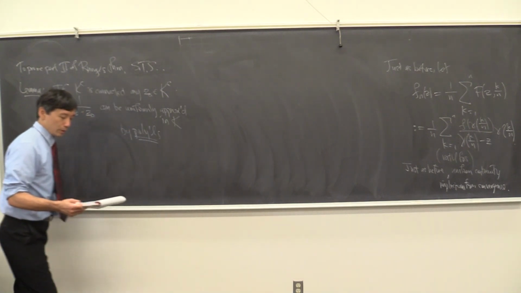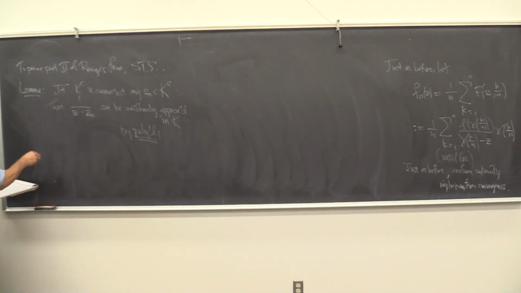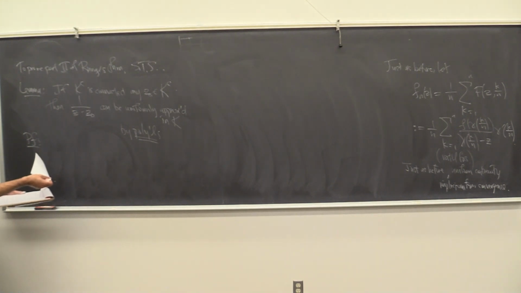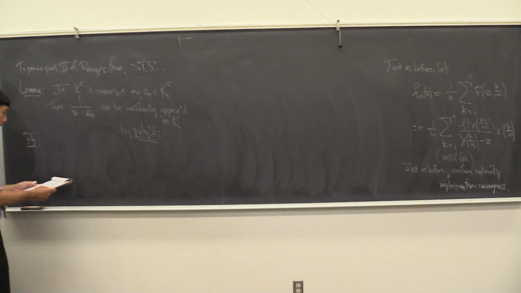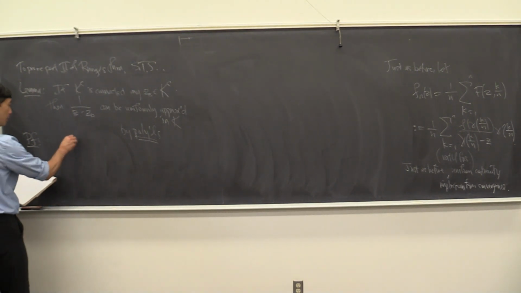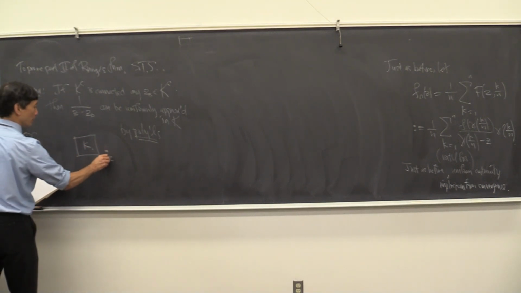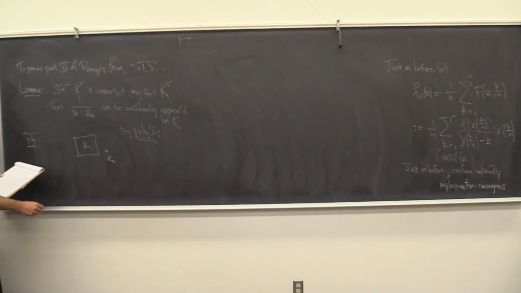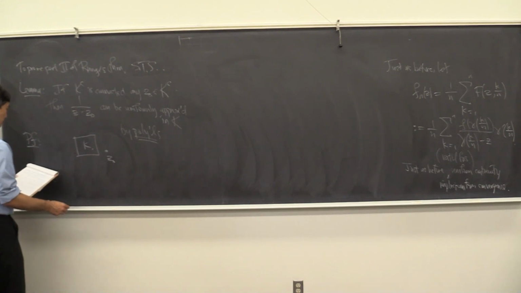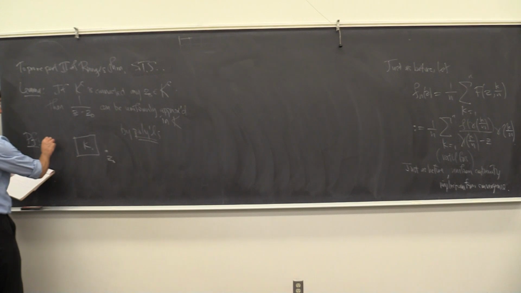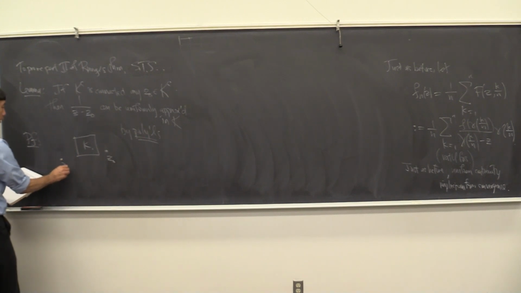Okay. So here's the trick. Let's suppose that this is our set K, and let's suppose that this is our Z naught outside here. Let's suppose that this is the origin.